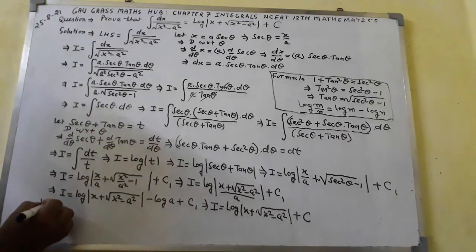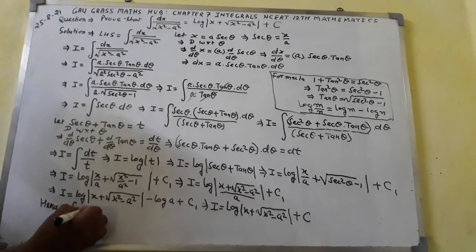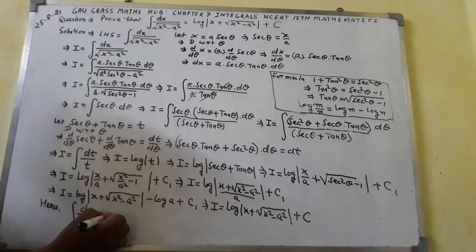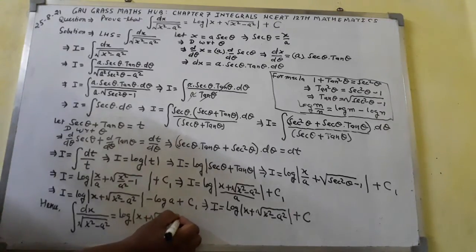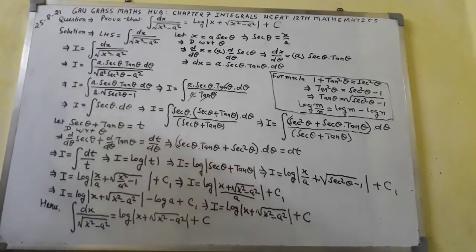Hence, we have got the formula integral dx over under root x square minus a square equal to log mod x plus under root x square minus a square mod plus c.